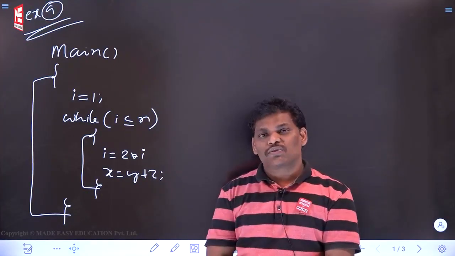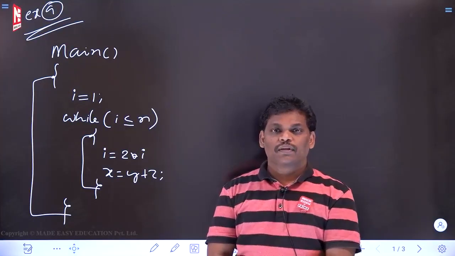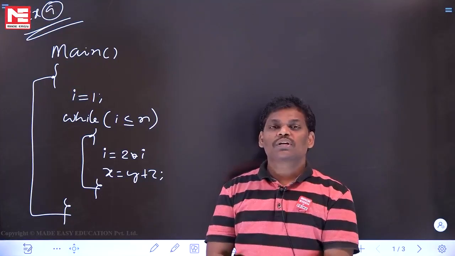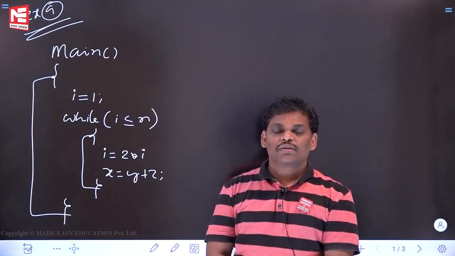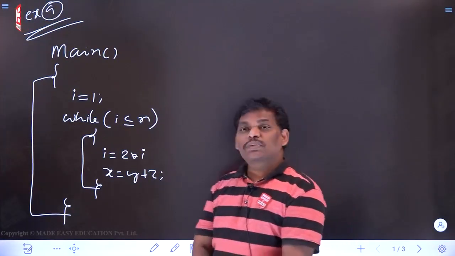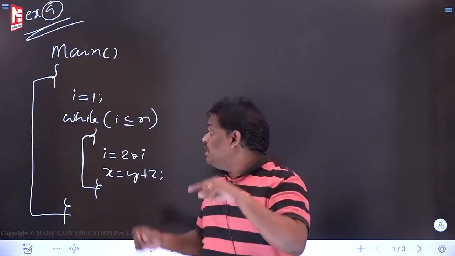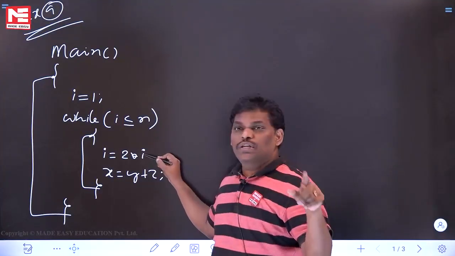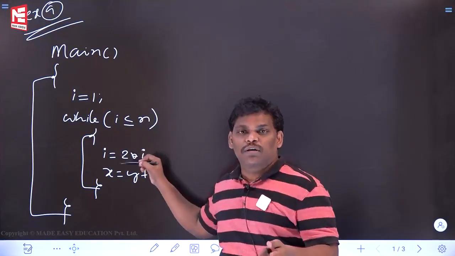If you increment plus 2, 20 plus 2 is 22. Suppose the I value is already 1000. If you increment plus 2, 1000 plus 2 is 1002. So that is incrementing, it's okay. Suppose the I value is 1000, 1000 into 2, not plus 2, 1000 into 2. What is the answer? It will become double, 2000.